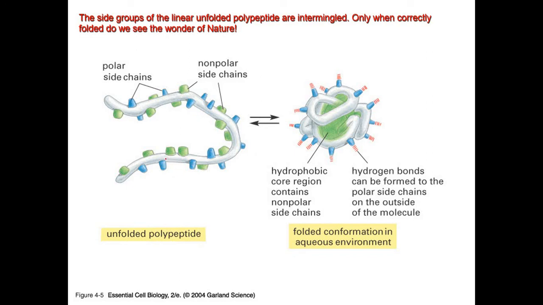So in nature, when they are correctly folded, that is the functional structure of this polypeptide. So you have hydrophobic, so inside the hydrophobic will gather, those non-polar side chains.